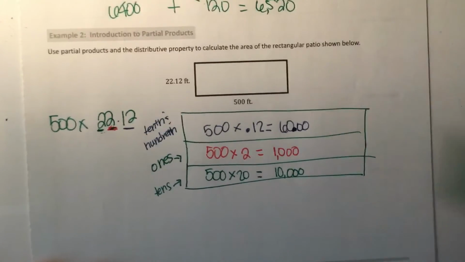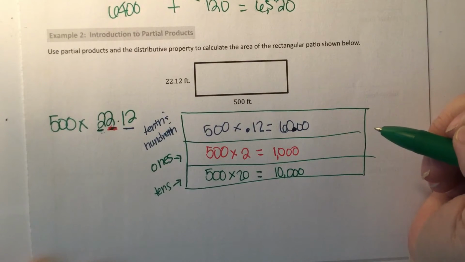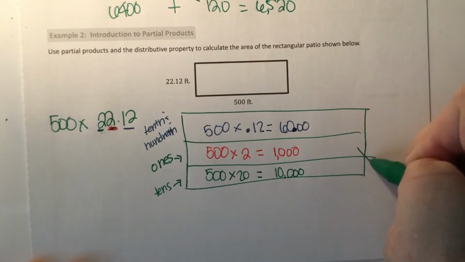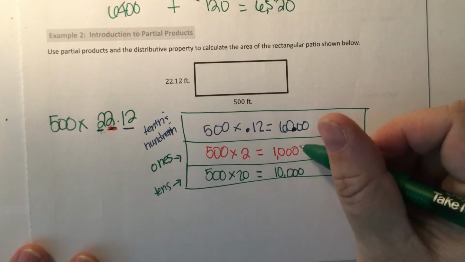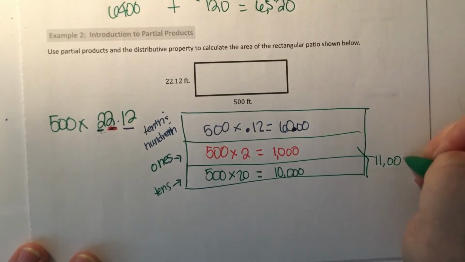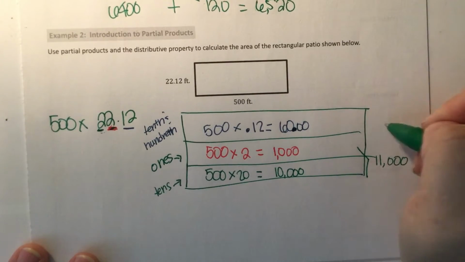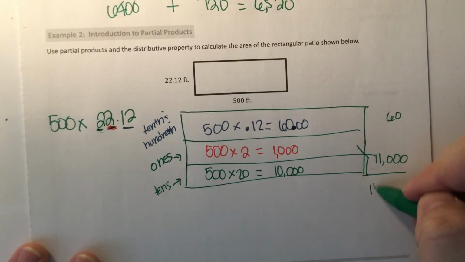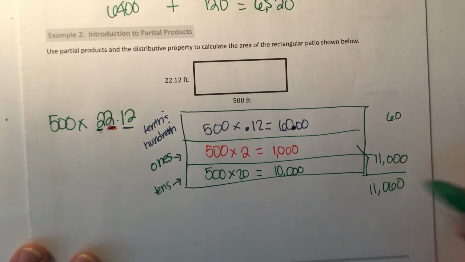So let's add. Okay, ready? If you have these two together, we know that 10,000 plus 1,000 is, hopefully everybody's shouting 11,000, right? And then you have 60 here, right? So maybe 11,060, maybe, okay.